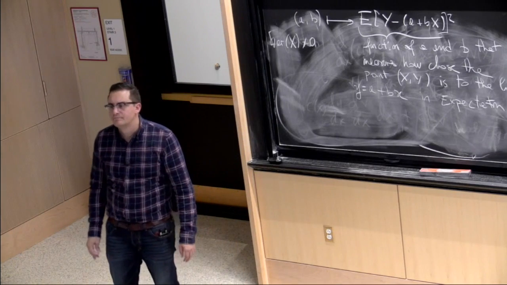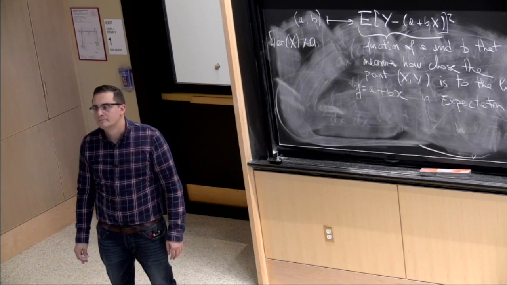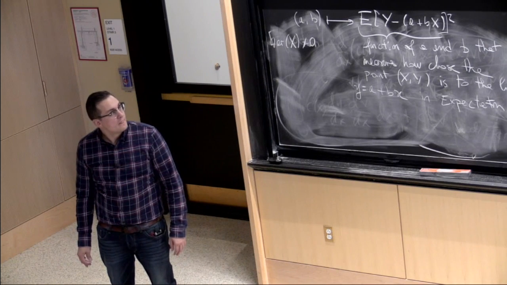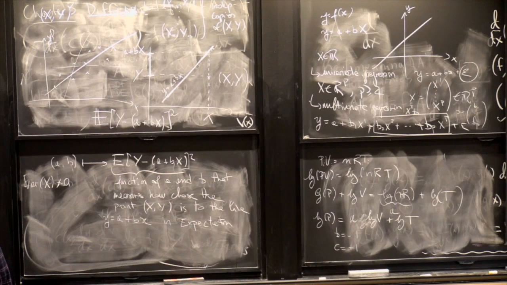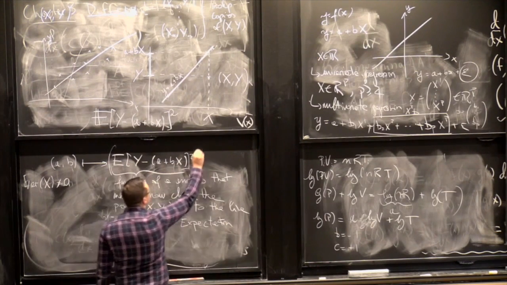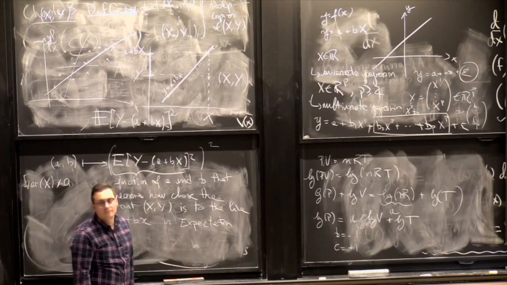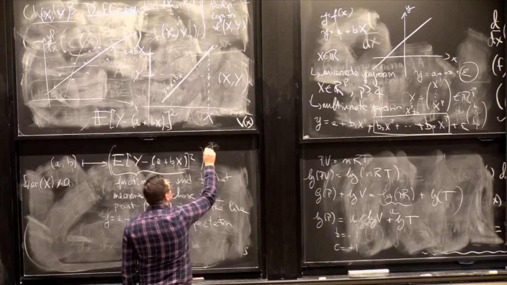An unrelated question. On the slide, you have y minus a minus bx quantity squared, expectation of that, and here you've written the square of the expectation. No, here I've actually written the expectation of the square. If I wanted to write the square of the expectation, I would just do this. So let's make it clear.